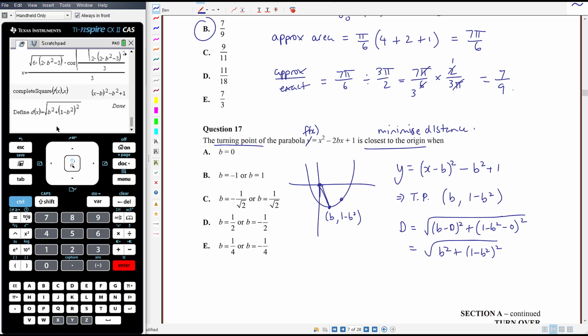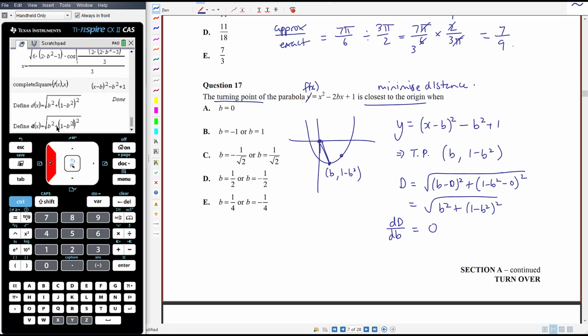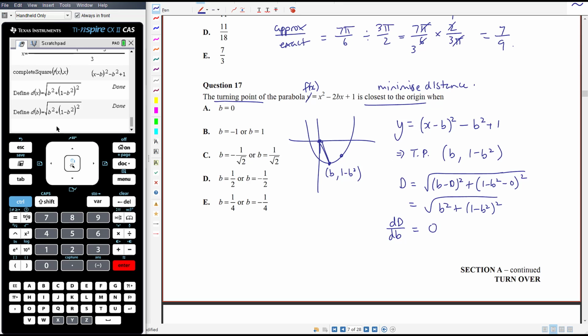Now we want to solve the derivative of that equal to 0 to minimize it. Sorry, it's not d of x, it's d of b, so it's distance in terms of b. Okay, there we go.